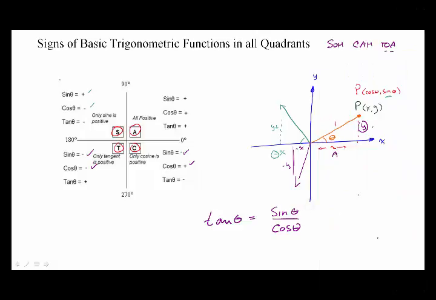That's adjacent. So it's y, which is sin, over adjacent, which is cos. So sin over cos. Well, here, a plus over a plus is a plus. A plus over a negative is a negative, a negative over a negative is a plus, and a negative over a positive is a negative. See, it's all just simple algebra.